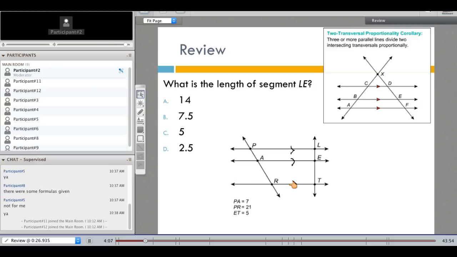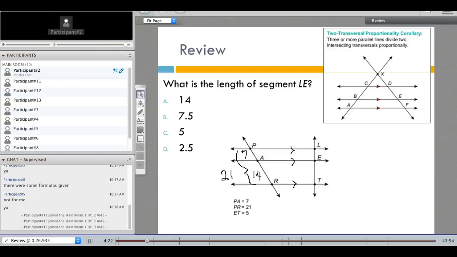But, okay, really quickly then what you would want to do, if we label PA, okay, so we know that that's 7, PR, all the way from here to here is 21, which would mean that from A to R has to be 14, right? So if you know the whole distance is 21 and you know from P to A is 7, you subtract these two numbers, and then from A to R has to be 14 because 14 plus 7 adds up to the 21.